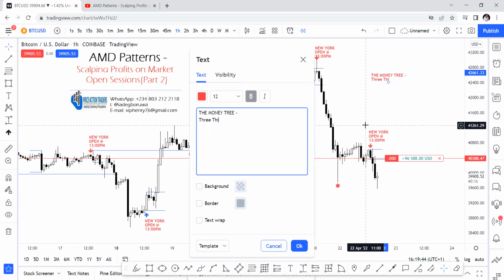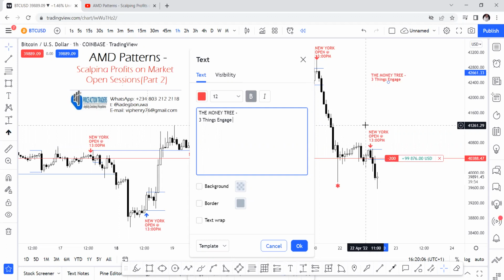Three things you must achieve or engage yourself with before the period.